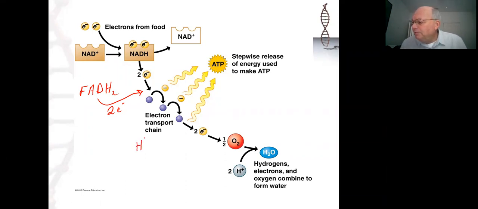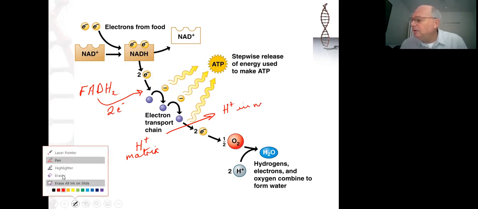hydrogen ions from the matrix move to the intermembrane space.